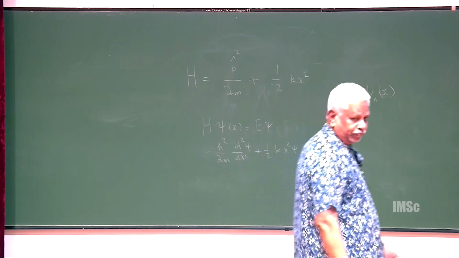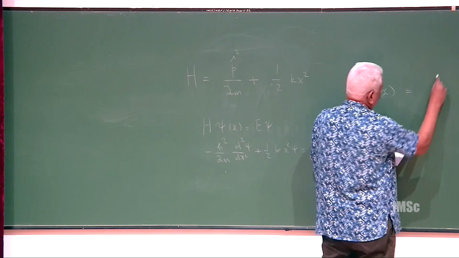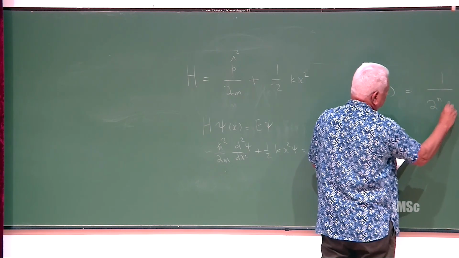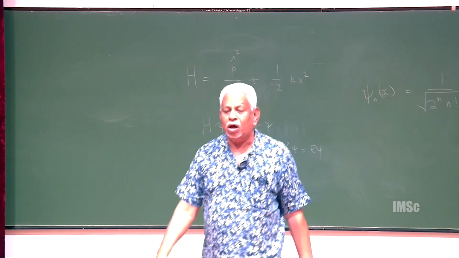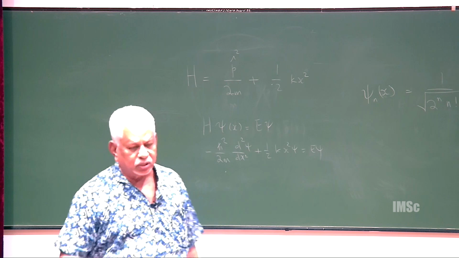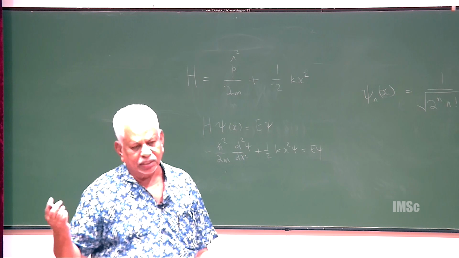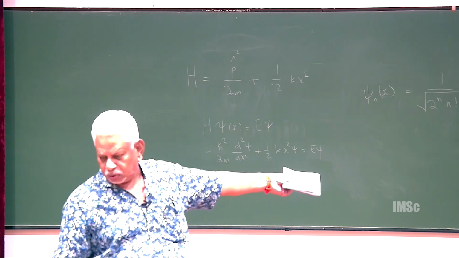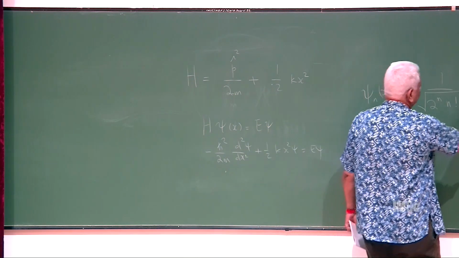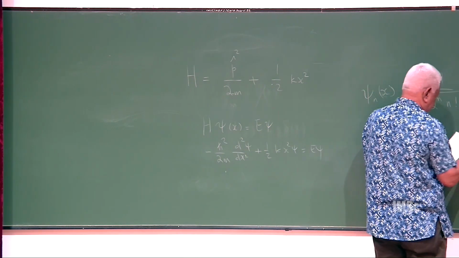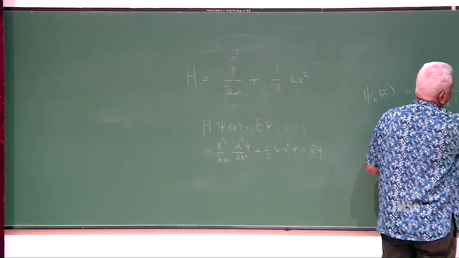I'll write down the solution in this basis, which is equal to 1 divided by the square root of 2 to the power n factorial. This number which I have put is a normalization constant, because the rest of the function, if you integrate it, you will get some finite number, and you divide by the square root of that. And then you will have (mω/πħ) to the power 1/4.